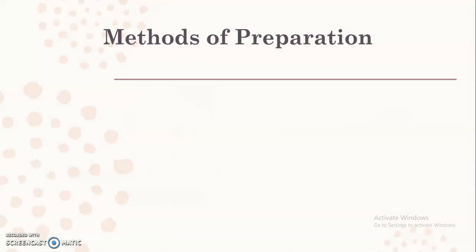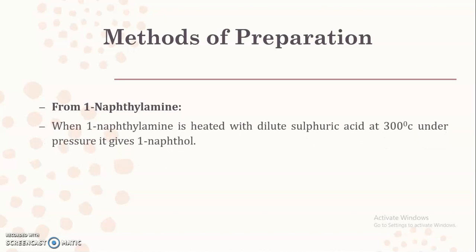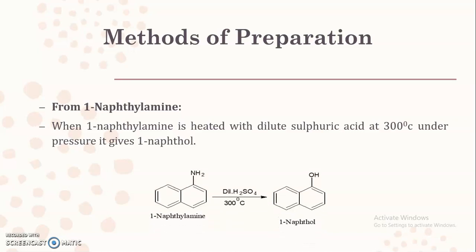The second method used for the preparation of 1-naphthol is from 1-naphthylamine. When 1-naphthylamine is heated with dilute sulfuric acid at again 300 degrees Celsius under pressure, it gives 1-naphthol. Here you can see that if we attach an amino functional group to naphthalene, we get 1-naphthylamine.